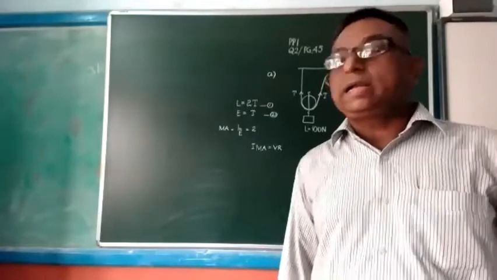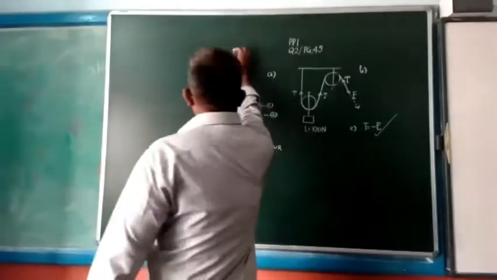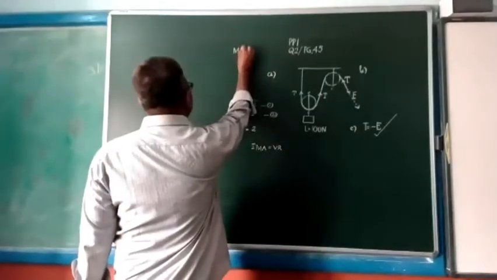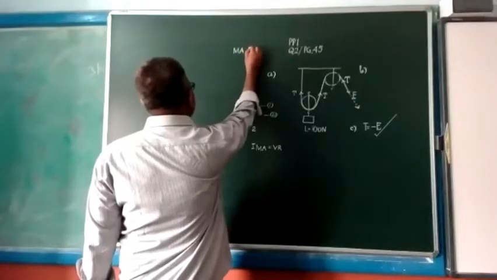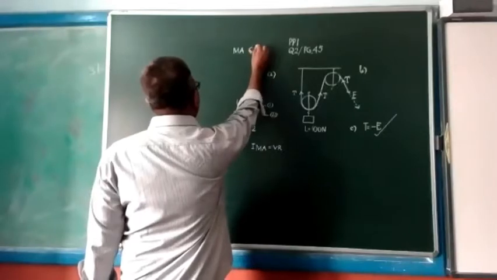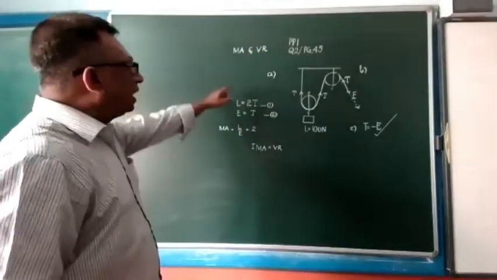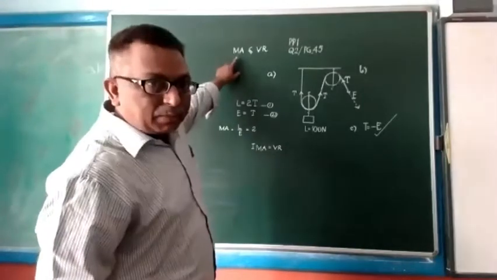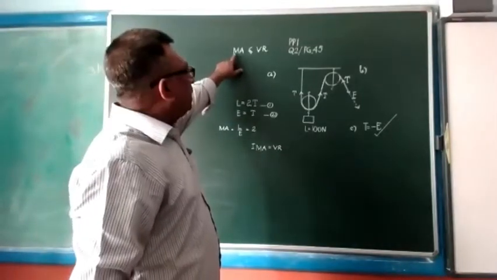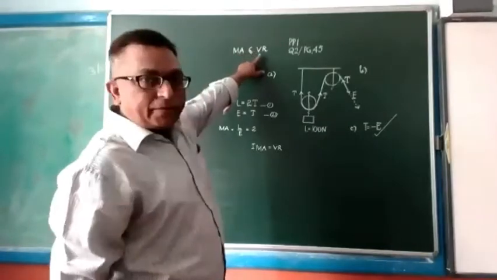Okay. So mechanical advantage cannot exceed the velocity ratio. Mechanical advantage is less than or equal to VR. If it is a practical machine, then mechanical advantage is always less than velocity ratio.